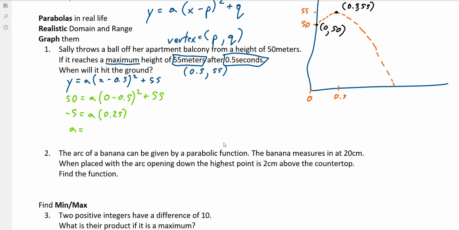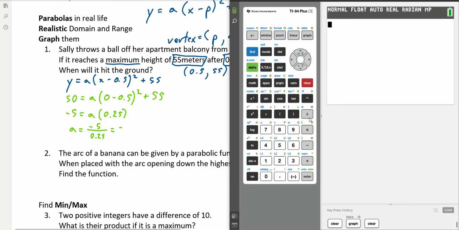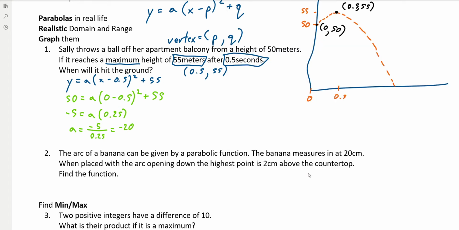So a equals negative 5 over 0.25. Let me just plug that into my calculator here. So 5 divided by 0.25 is 20, negative 20, which is not what I intended it to be, but that's okay.